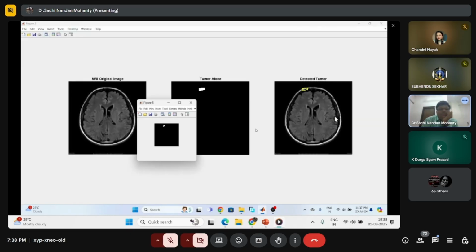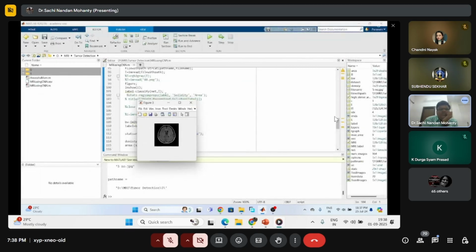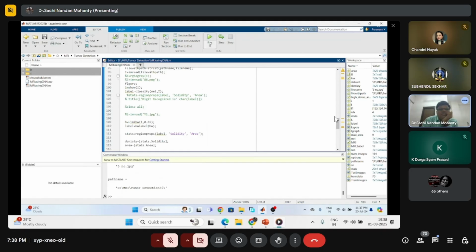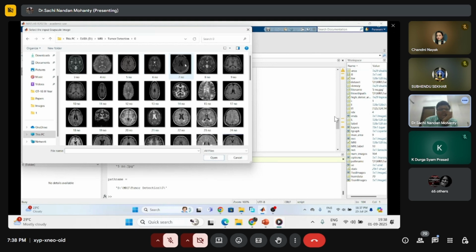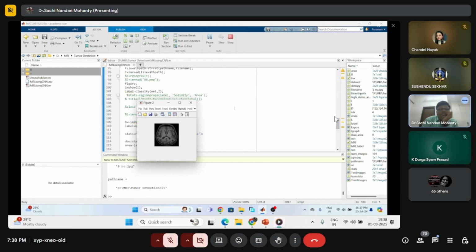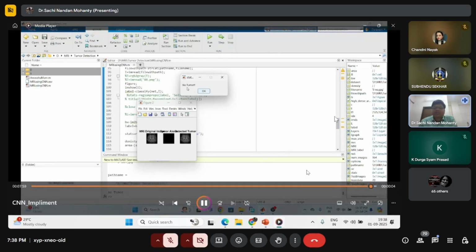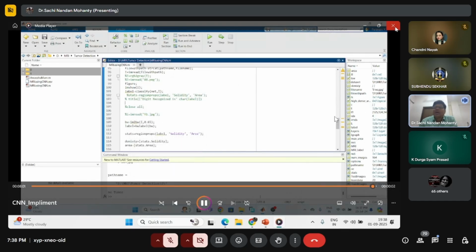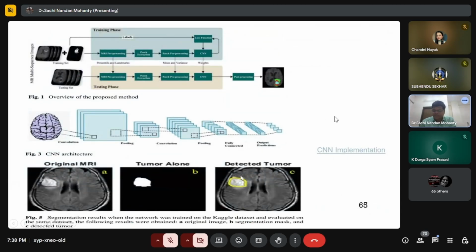If we open it, and if we run again and take 0, non-tumor images, see, it will show no tumor. Like this, this code will show tumor if there is a tumor, and no tumor if there is no tumor. So you see how our work is done by this method.